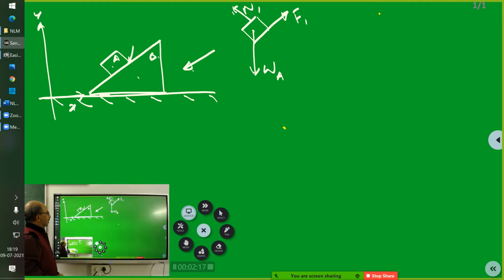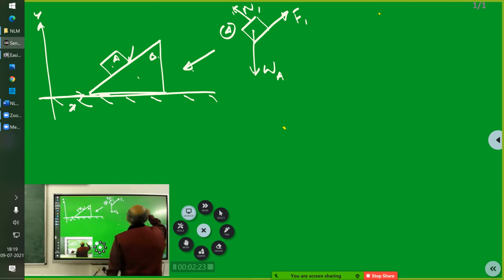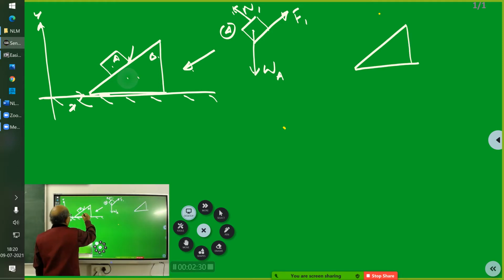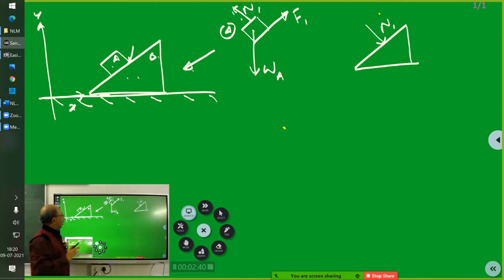This is the free body diagram for body A, and now for body B, that is the wedge. B applies force on A, N1, so A will apply force on B, that is N1, equal and opposite in accordance with Newton's third law.